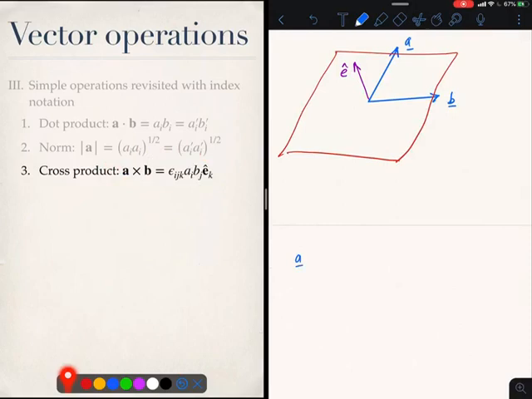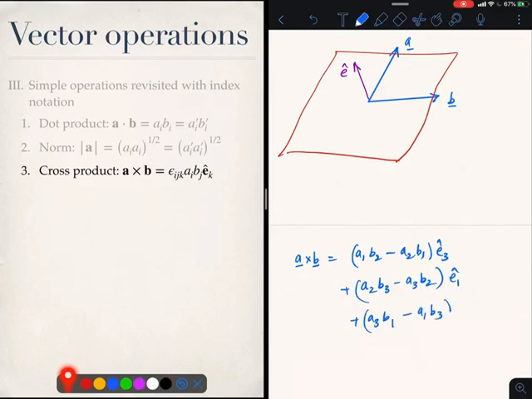So you all know that A cross B is given by this: A1 B2 minus A2 B1 E3 plus A2 B3 minus A3 B2 E1 plus A3 B1 minus A1 B3 E2.